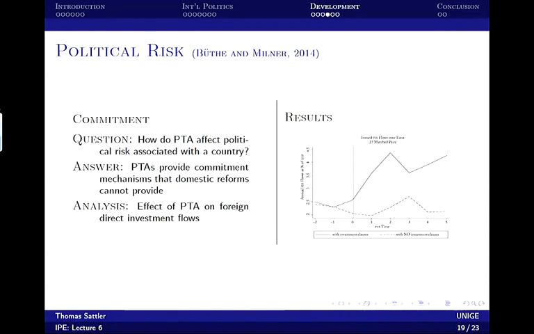And what we see is that those who sign one with an investment clause suddenly experience more foreign direct investment after the preferential trade agreement than those who sign one without an investment clause. So you could say this is evidence that signing such an agreement is actually beneficial for you if you want to attract foreign direct investment.